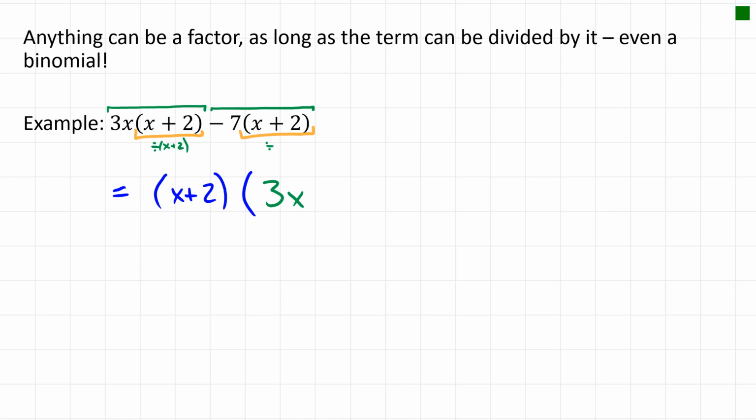And if I did the same thing, divided the other term by x plus 2, I'd be left with just negative 7. So I have essentially pulled x plus 2 off of each term by dividing it. Just like we did before, except now we're doing it with a binomial, but the rules are the same.